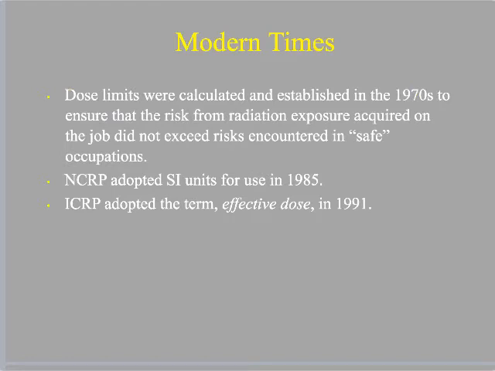Which pretty much brings us up to modern times where we're at right now. The dose limits that we use, for the most part, were calculated and established in the 1970s, largely out of work that was done here in the state of Tennessee in what's called the Mega Mouse experiment, where they made a giant city of mice. I can't remember how many tens of thousands of mice lived in this city.